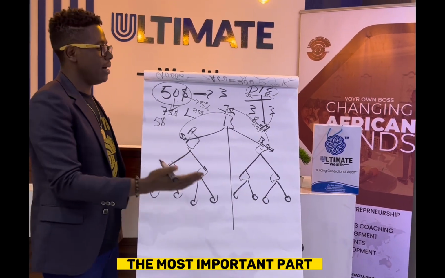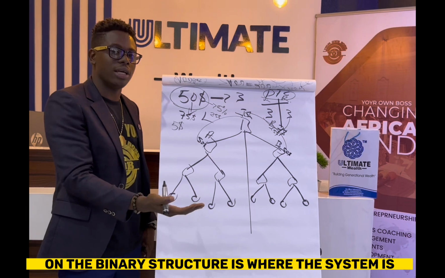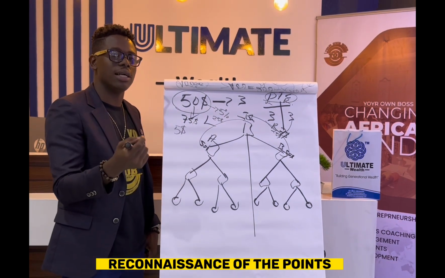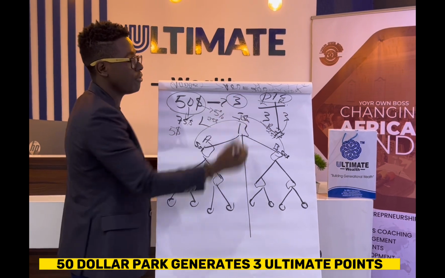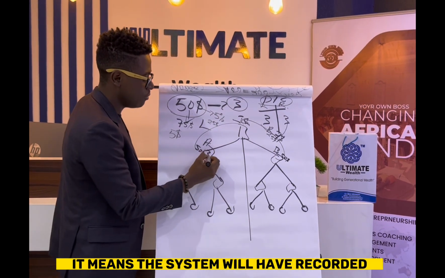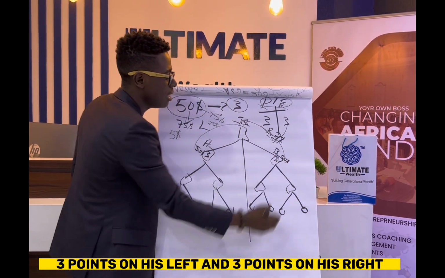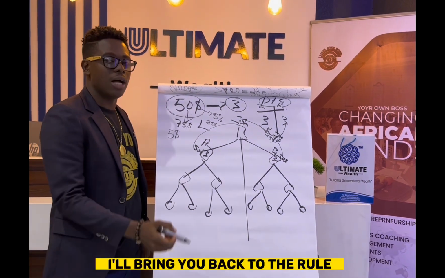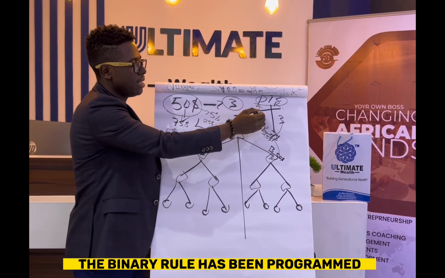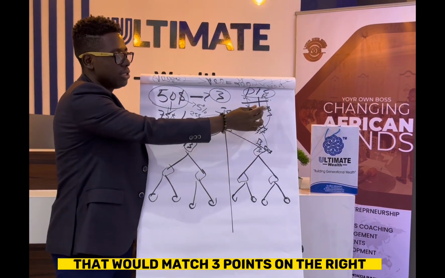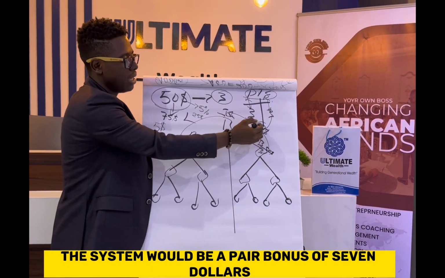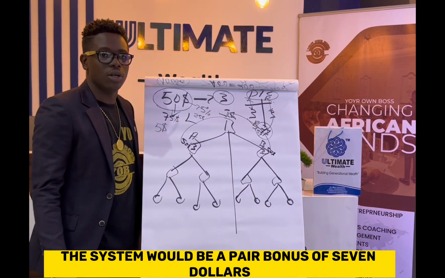The most important part of the binary structure is where the system recognizes the points. The $50 pack generates 3 ultimate points. It means the system would have recorded 3 points on his left and 3 points on his right. I'll bring you back to the rule. The binary rule has been programmed that for every 3 points on the left that match 3 points on the right, the system would pay a pair bonus of $7.